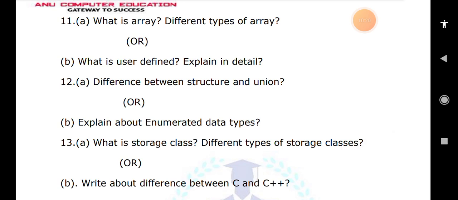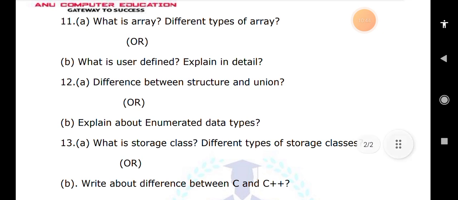And the next, in C programs are saved with the .c extension, and C++ programs are saved with the .cpp extension. In C language, if we want to perform any input and output operations, we have to use printf and scanf, whereas in C++ we have to use cin and cout.